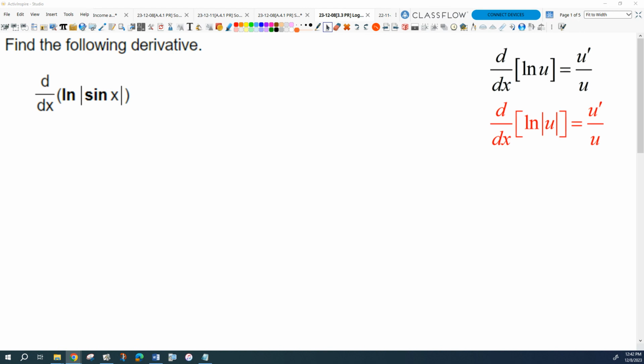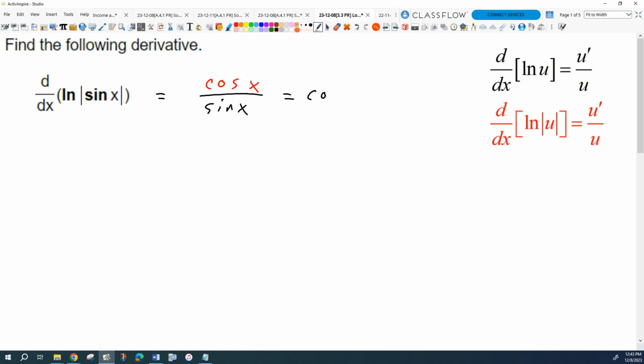So what's the answer to this? Whether you have absolute values inside the log or not, it works the same. We're going to get the derivative of sine, so cosine x over sine x, and what is that equal to?